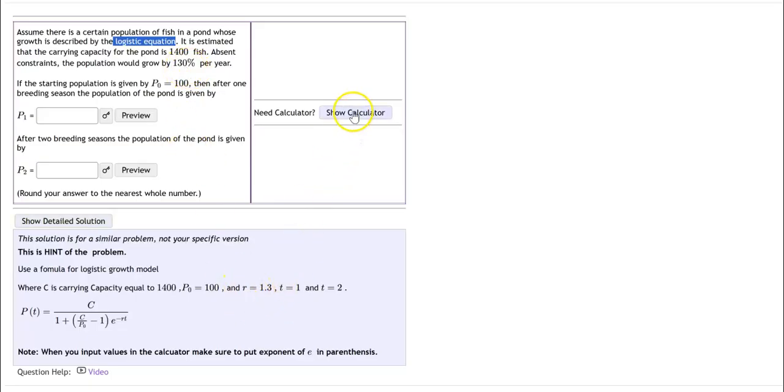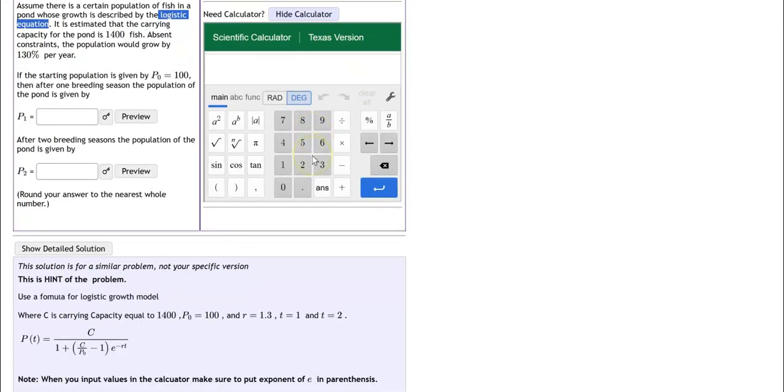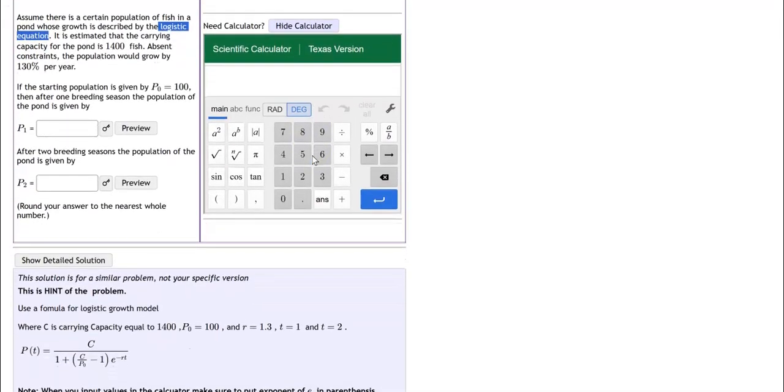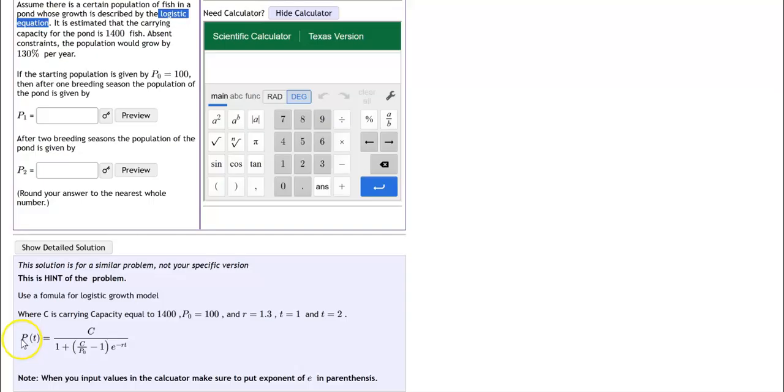So let me show you how to put that in the calculator. That's the calculator provided in the question. You've got to find P1, which is the first answer. So you start with C, which is the carrying capacity, 1400.